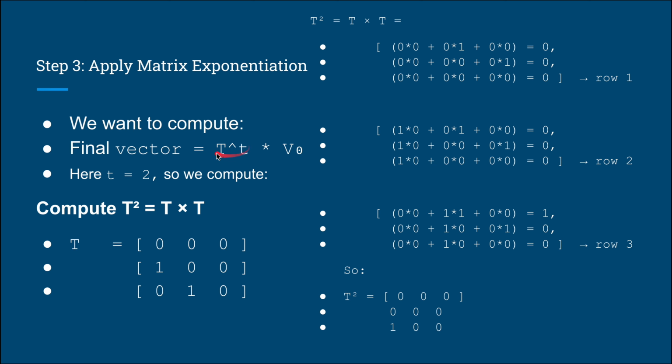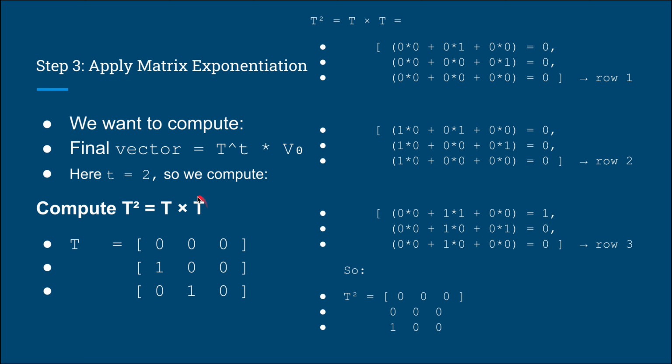And to find the final vector, we apply T to the power t into v0 and find the vector. So let's suppose here t is 2, how will we compute? T to the power 2 means T into T, right? So you know matrix multiplication, right?